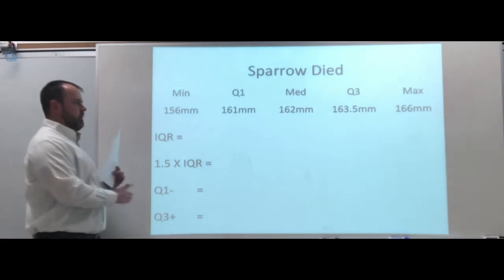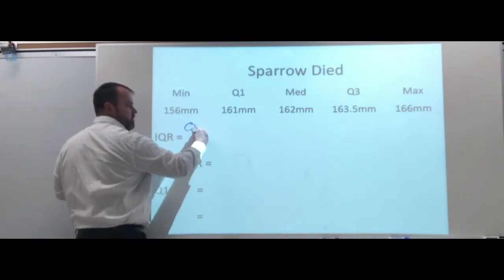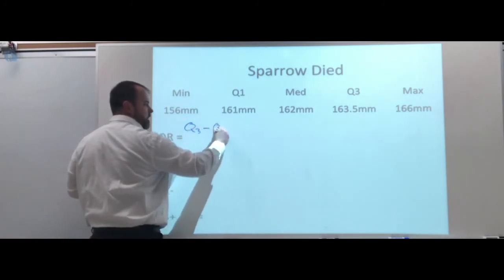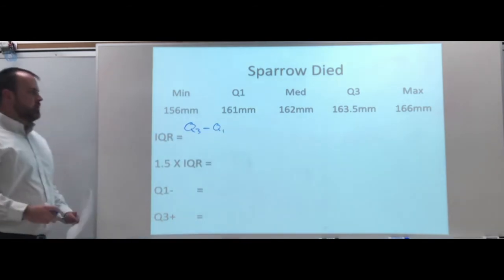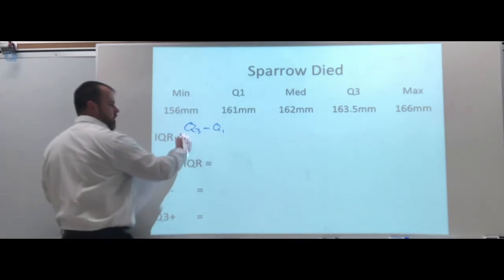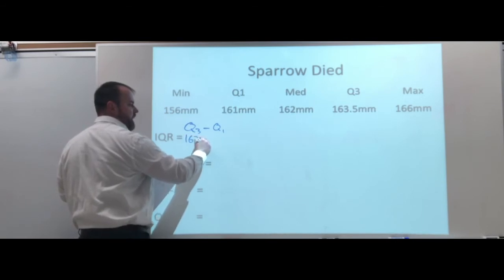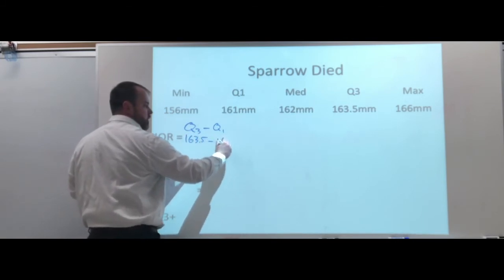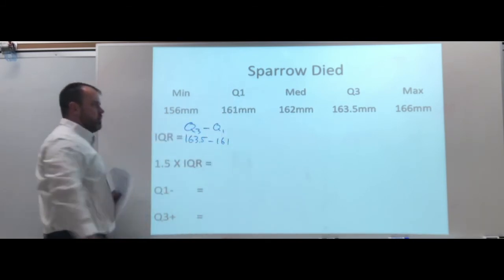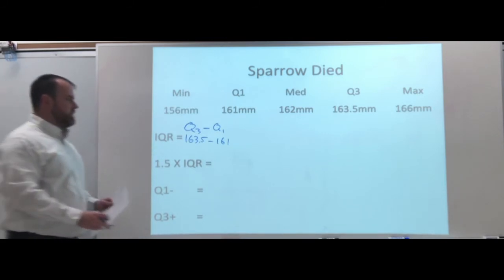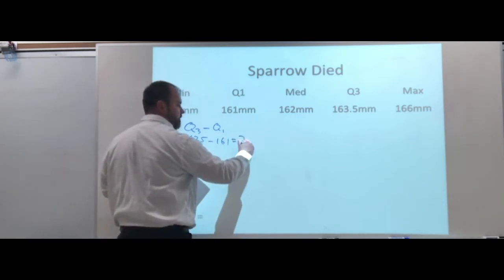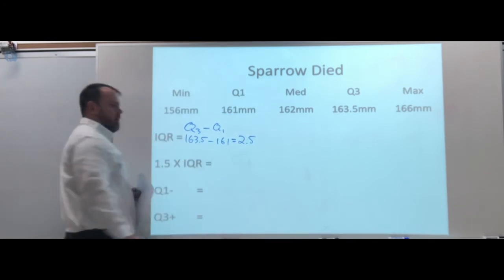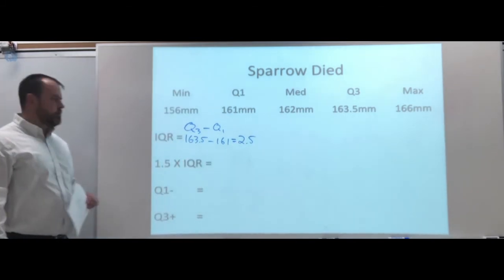Remember, the inner quartile range was Q3 minus Q1. So in this case, we have 163.5 minus 161, which gives us 2.5. So there's our IQR.